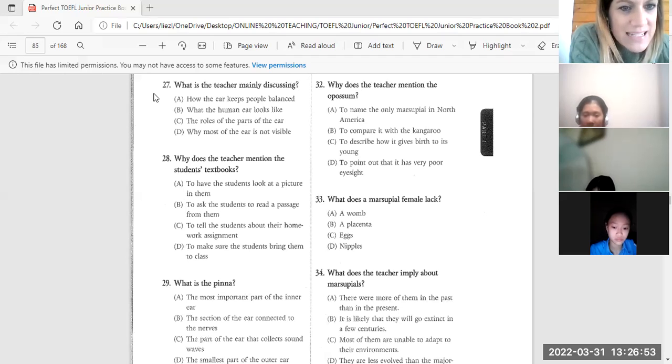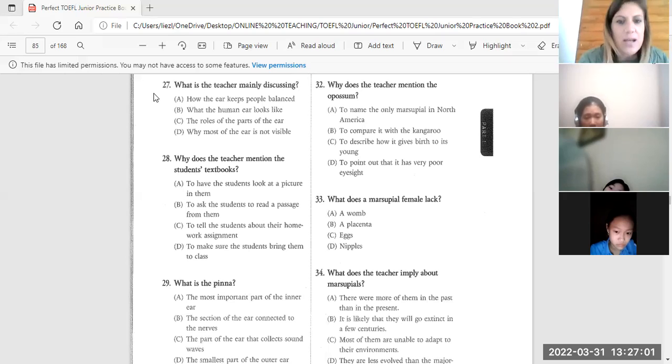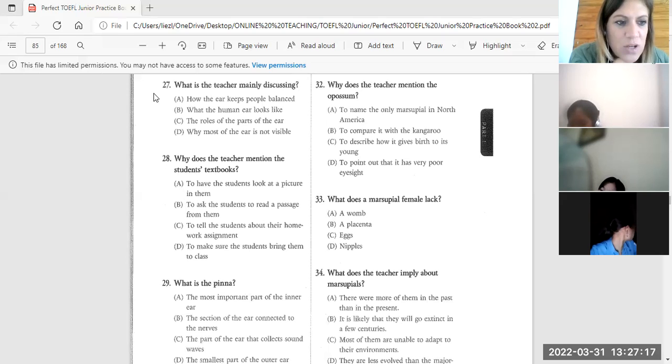Number 28. Why does the teacher mention the students' textbooks? A, to have the students look at a picture in them. B, to ask the students to read a passage from them. C, to tell the students about their homework assignment. D, to make sure the students bring them to class.